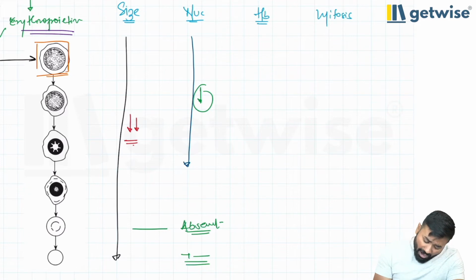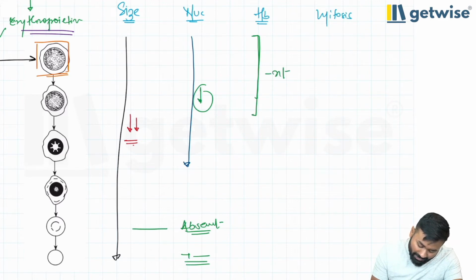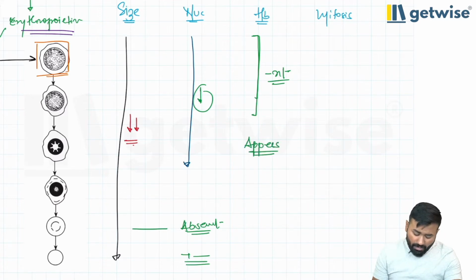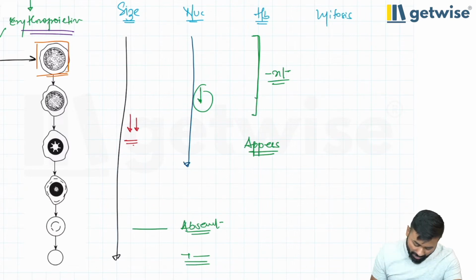After this, hemoglobin. Hemoglobin is absent in the first two stages, in proerythroblast and early normoblast, but it starts appearing in intermediate normoblast.